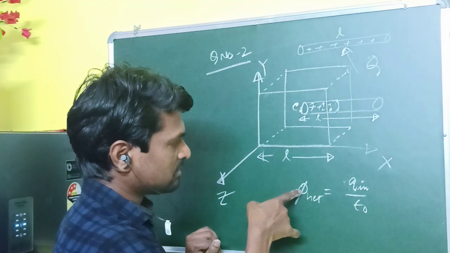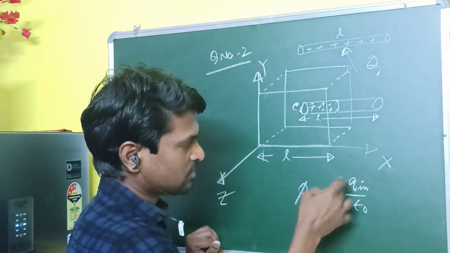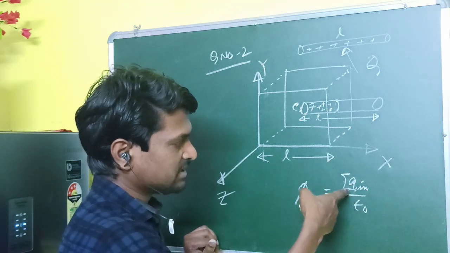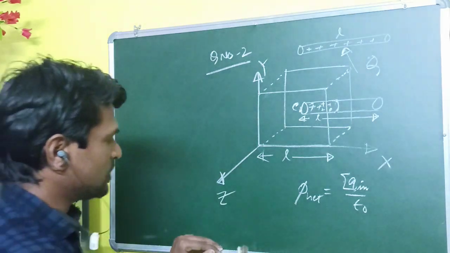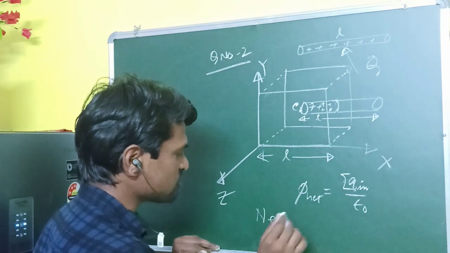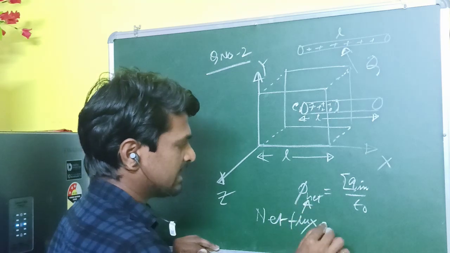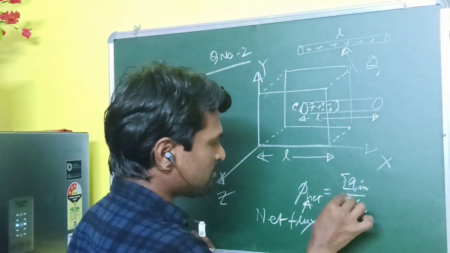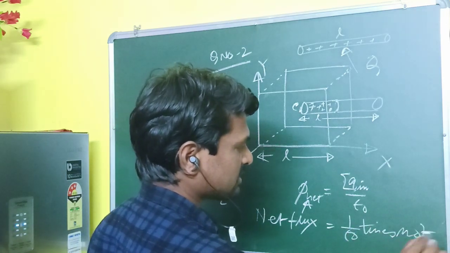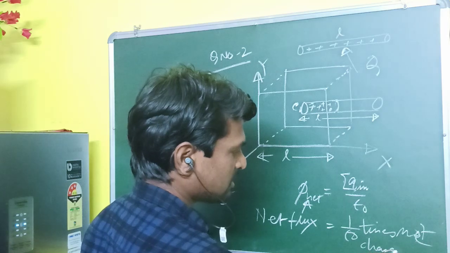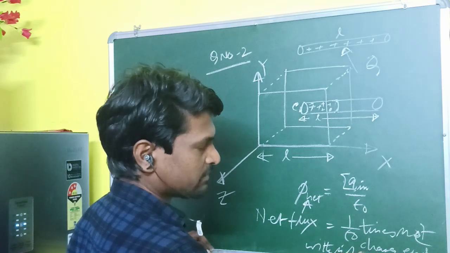Net flux equals 1 by epsilon naught times the net charge enclosed within the surface.